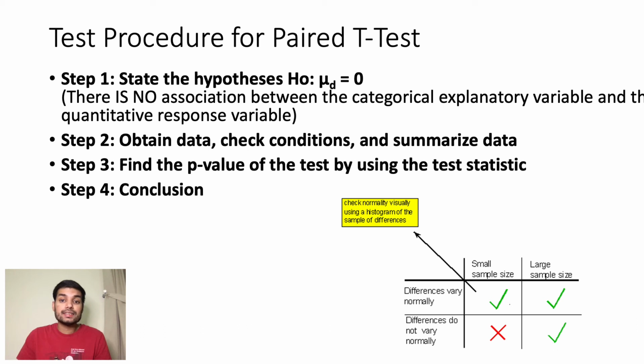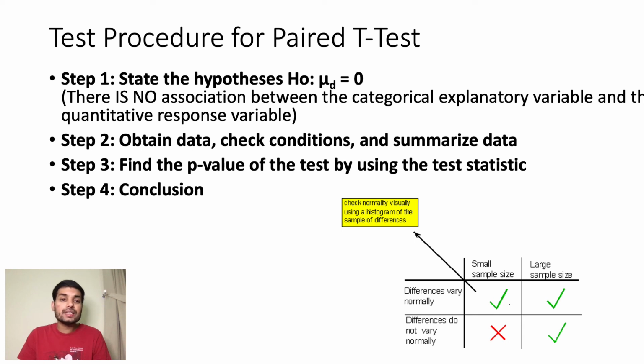If the sample size is large enough, it is safe to use paired t-tests regardless, because the data would be distributed normally in general. Normality can be checked by looking at histograms of differences. As long as there is no clear violation of normality, such as extreme skewness or outliers, the normality assumption is reasonable.